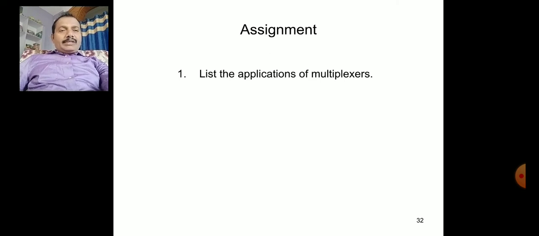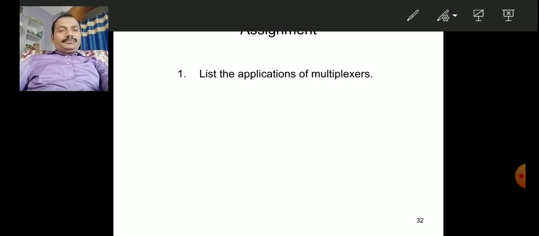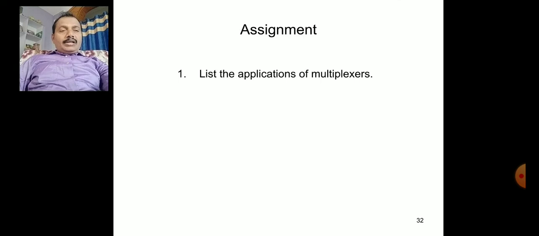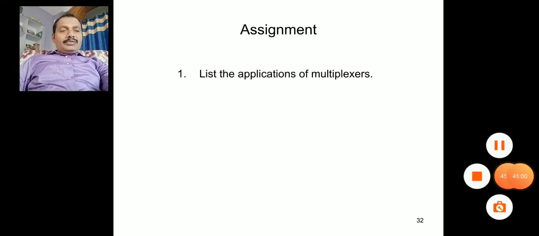Applications of multiplexers: you have to write the list of the applications, and not only that, you have to explain the 4 to 1 multiplexer, write the truth table, write the Boolean expression for the multiplexer, and implement the multiplexer using gates. So that is the assignment you have to do.